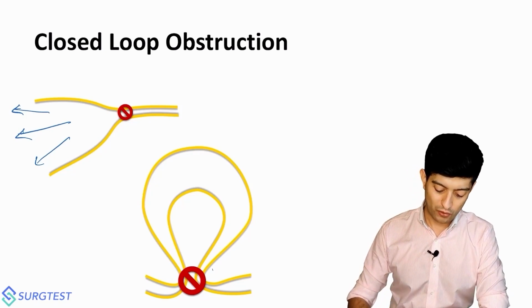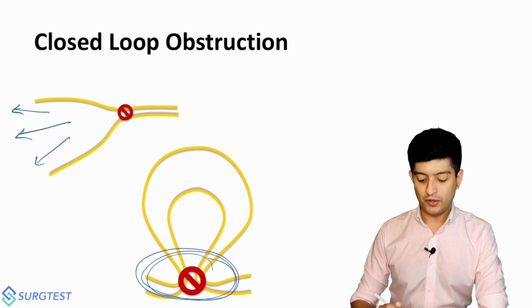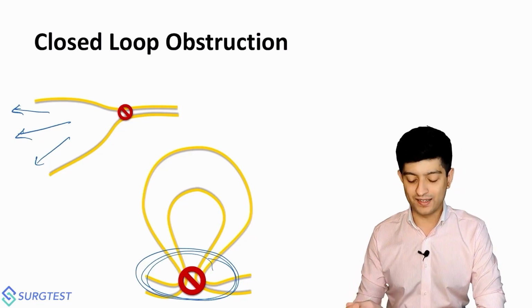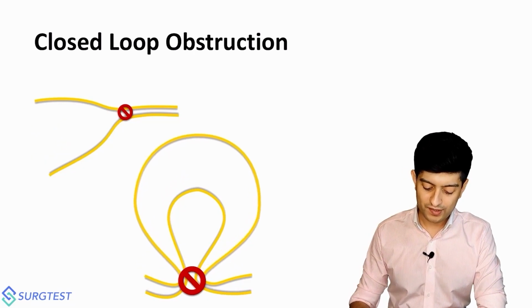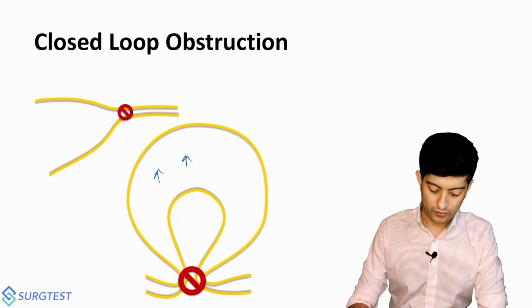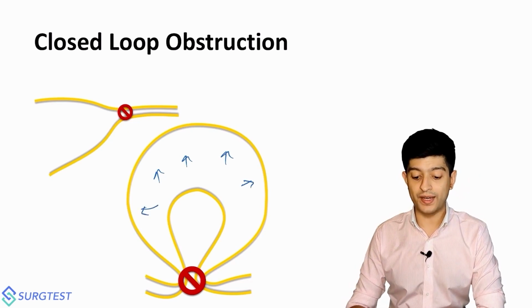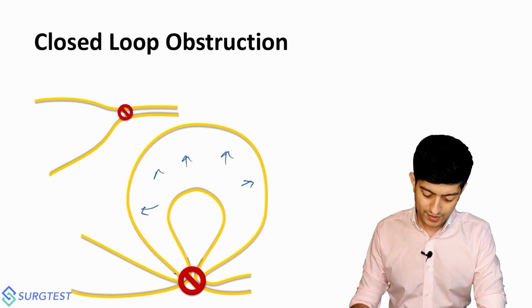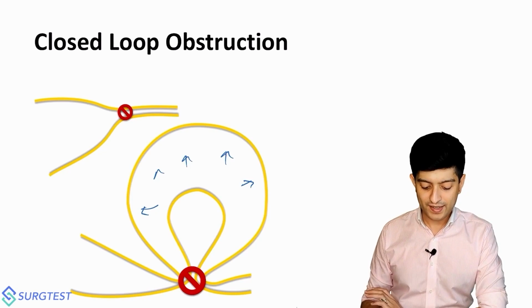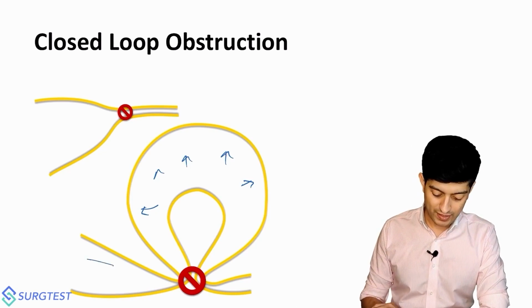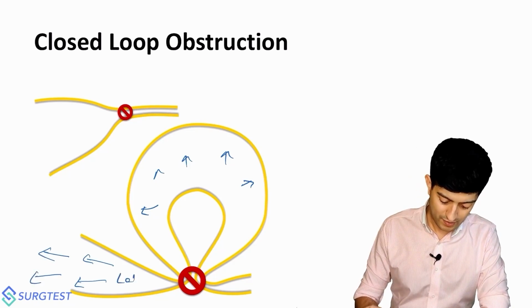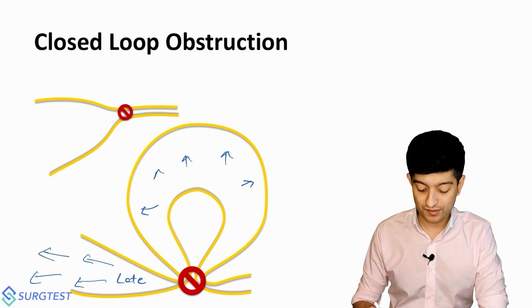But when you have something like a closed loop obstruction, as you see on screen, where a loop of bowel is obstructed at both proximal and distal ends, that produces extremely high pressures within this closed loop. This happens very early and very rapidly. Eventually this entire area is going to have dilatation even in the proximal segment, but this occurs very late and is not the main problem.